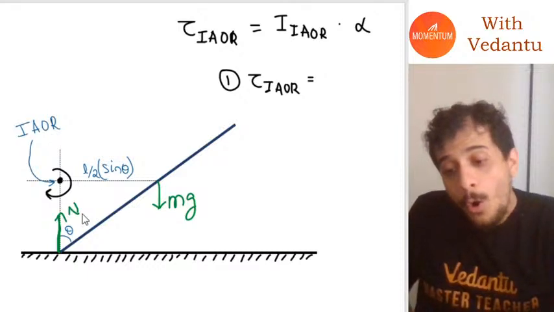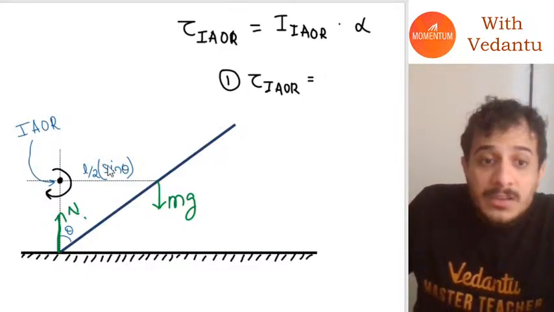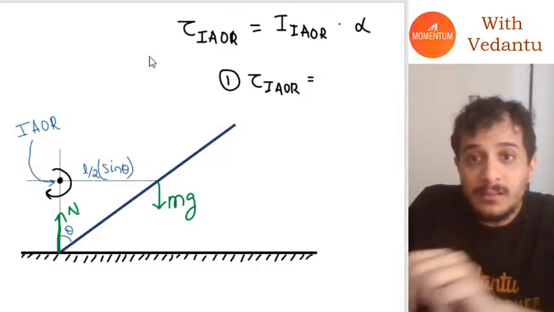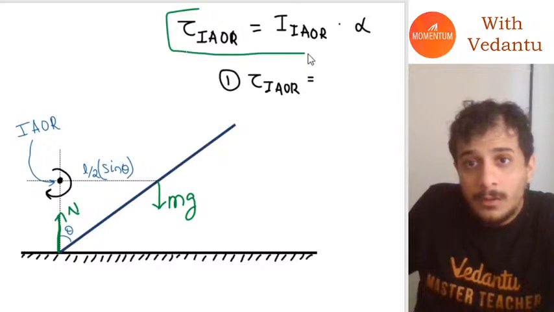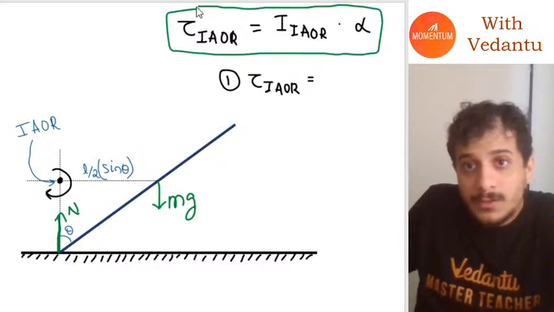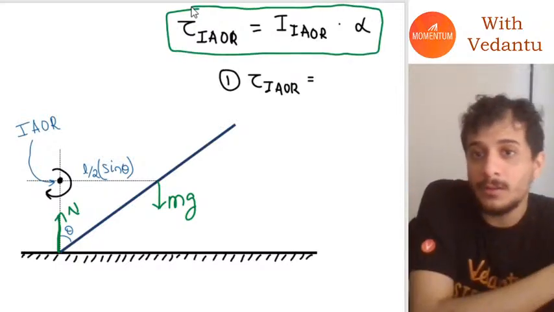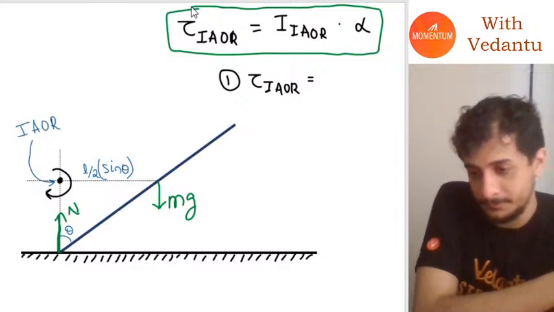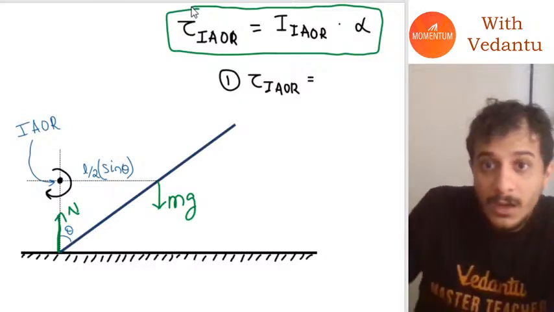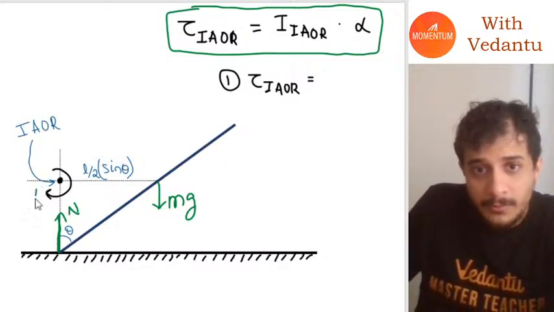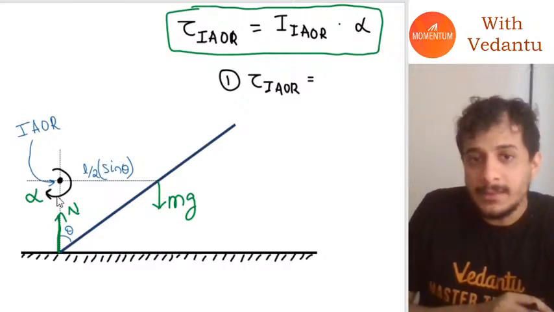Now, here the equation that I can use is torque about the instantaneous axis of rotation is equal to I about the instantaneous axis of rotation into alpha. I hope everybody understood where the body will try to rotate like this.